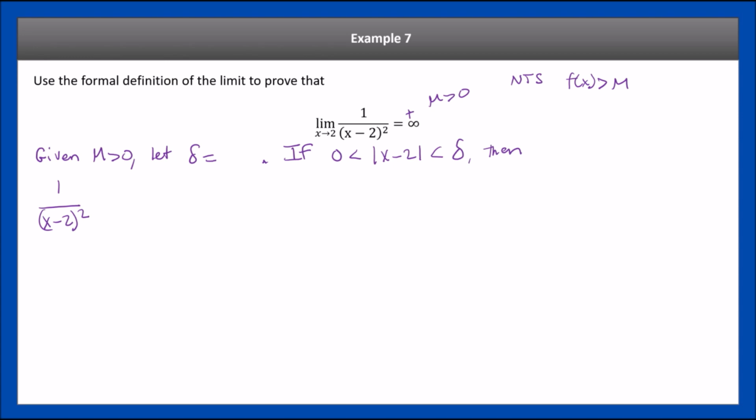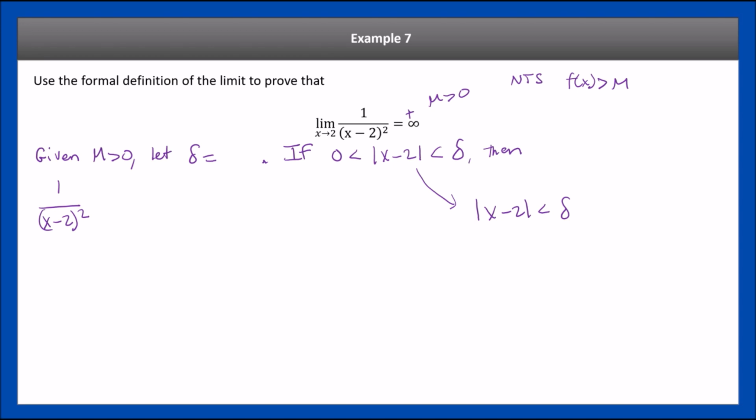But keep in mind, if we look at this inequality, we see that the absolute value of x minus 2 is less than delta. We know it's greater than 0, but we're just going to focus on the less than delta part.